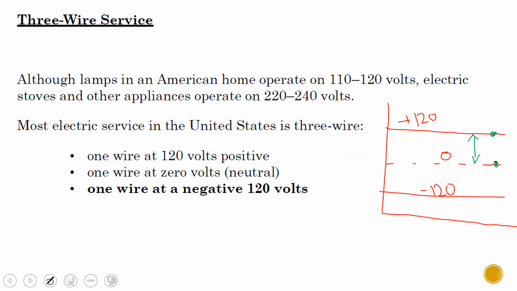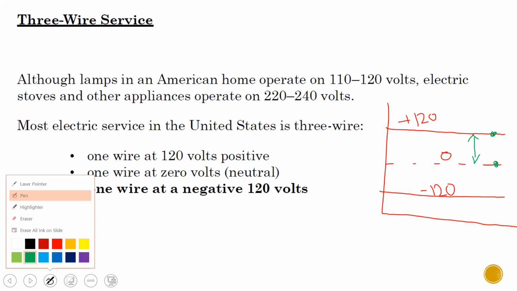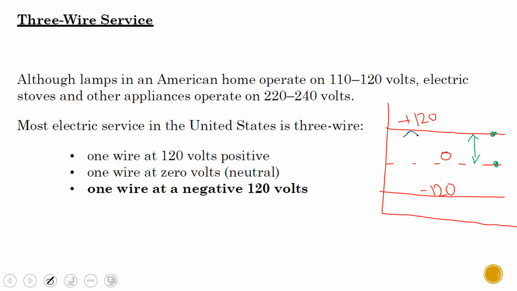But if there's another electric device that needs 240, they put one socket hole on the 120 and the other hole on the negative 120, so they get 240. Is it clear? Yes, teacher. Okay.